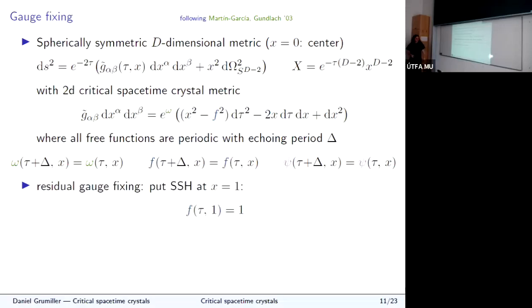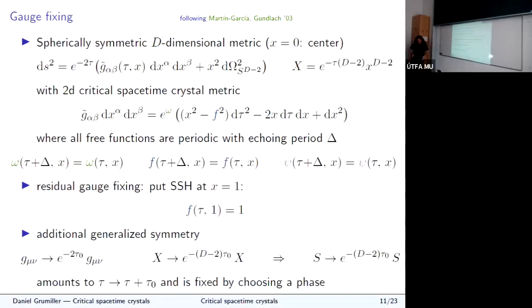There's some residual gauge fixing, which we conveniently use to set the SSH at x equals 1, so that f of τ and 1 is 1. And it turns out there's an additional residual generalized symmetry, not of the action, but of the equations of motion, which is essentially time translation invariance, and it's fixed by choosing the phase of one of the Fourier modes.